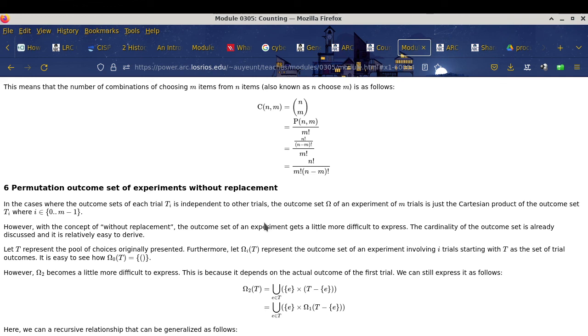In other words, I want a list of ways to arrange something, or ways to get something out of a bag. I don't want to just count. I want to know the exact combinations or permutations. So what if that is my objective? Why would I want to generate something like that?